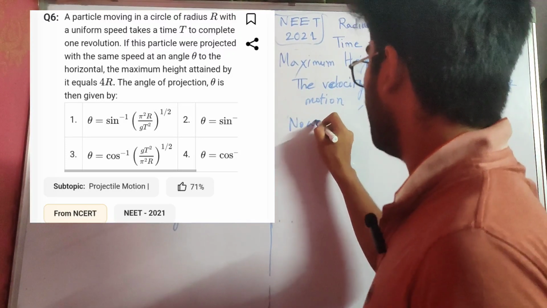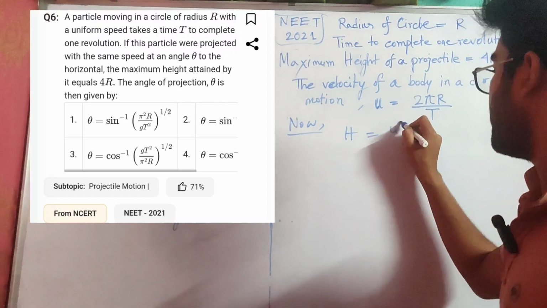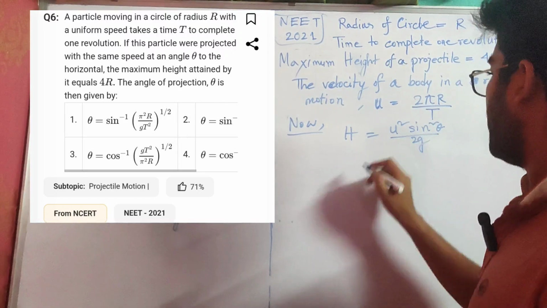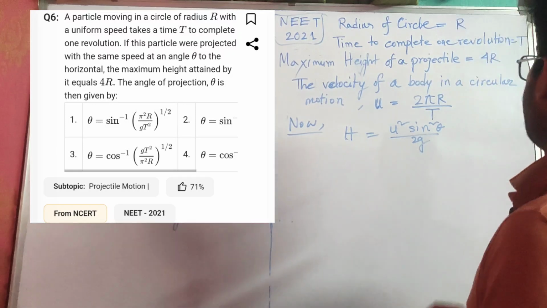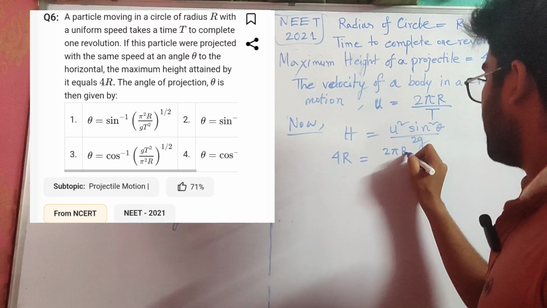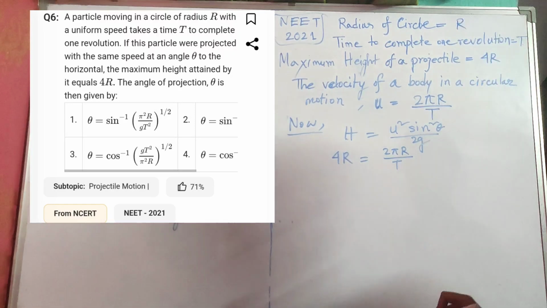Now we know h equals u square sin square theta by 2g. Putting the values, h means 4r and u means 2 pi r by T, whole square.